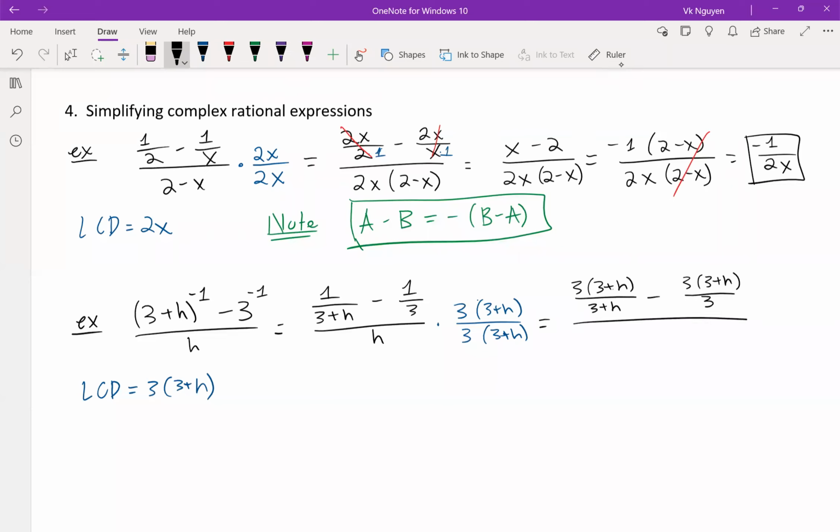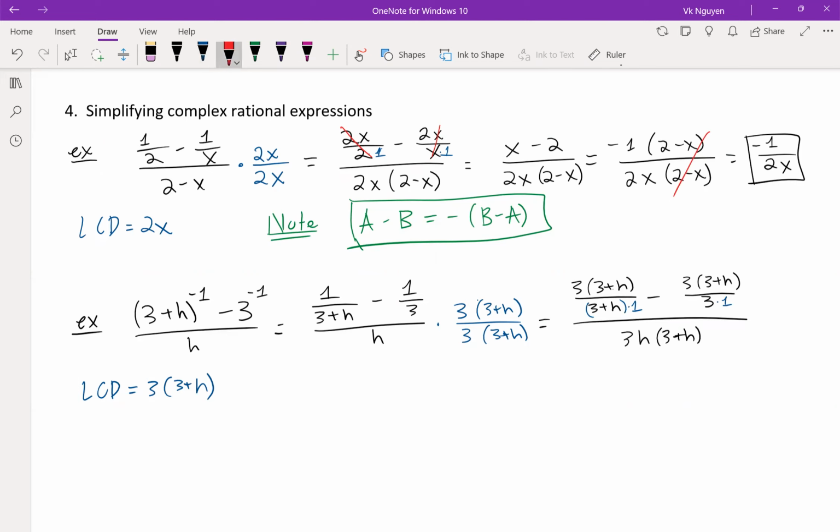Divided by or over h, just multiplication here. 3 times h times 3 plus h. Next step is 3 plus h is the same as 3 plus h times 1. 3 is the same as 3 times 1.